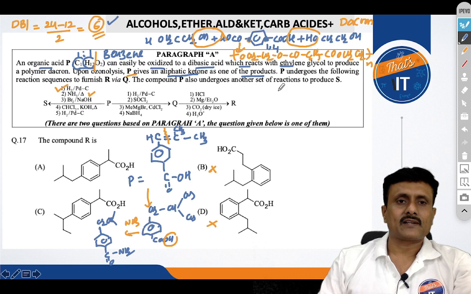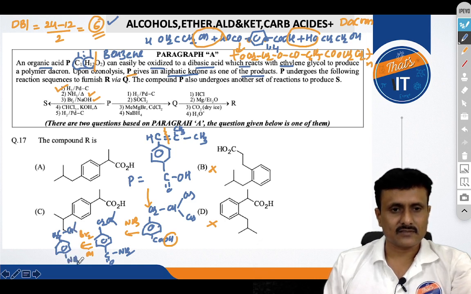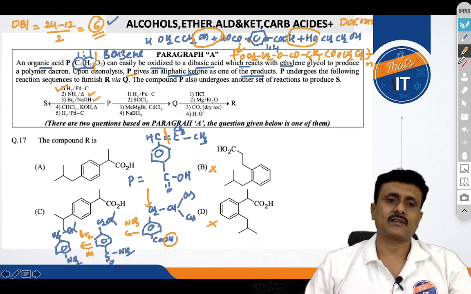And you know, when you have treated this with bromine and NaOH, Hofmann bromamide reaction, right? Bromine and OH minus will convert this whole thing into amine. So you have got CH2, CH, and this will convert into primary amine. This is how you will convert this amide into primary amine.